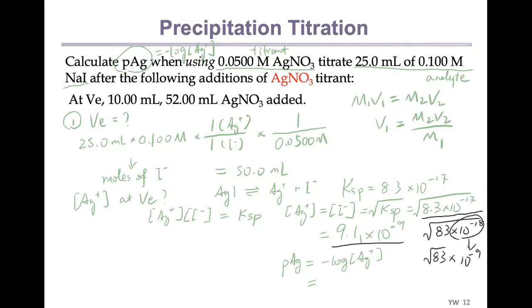Yeah, 2. Two after the decimal place. That's right. So it's 8.04. Two decimal places in the mantissa part correspond to the significant figures of the original number.